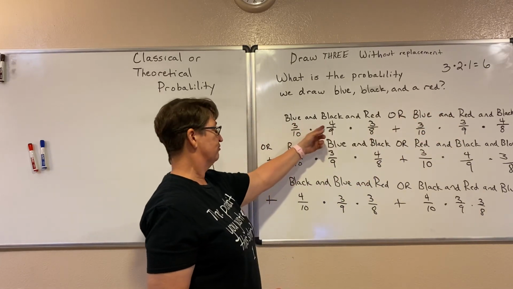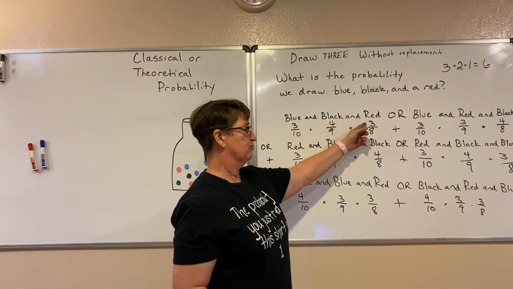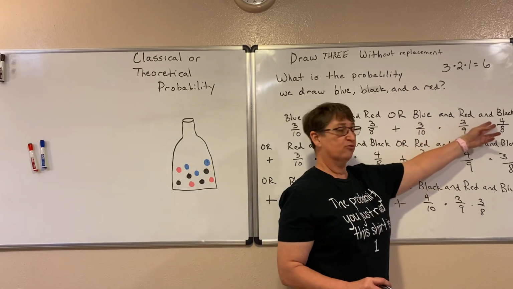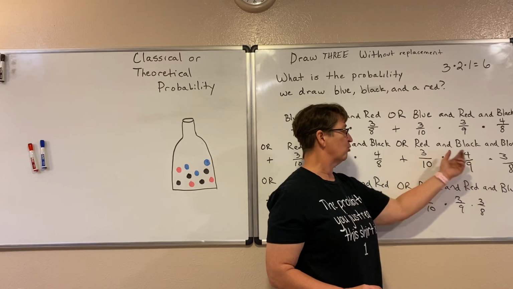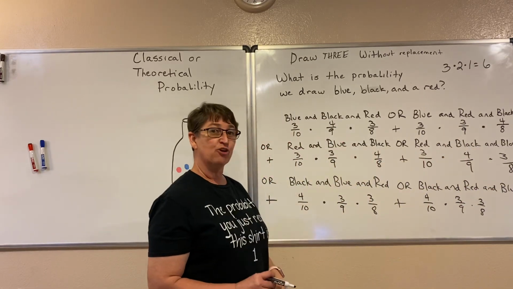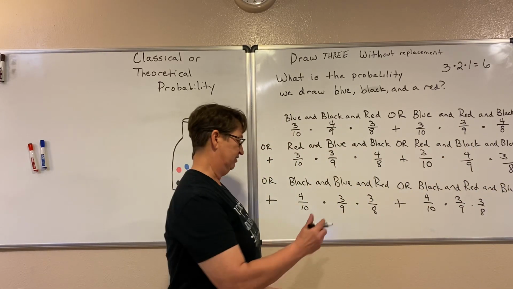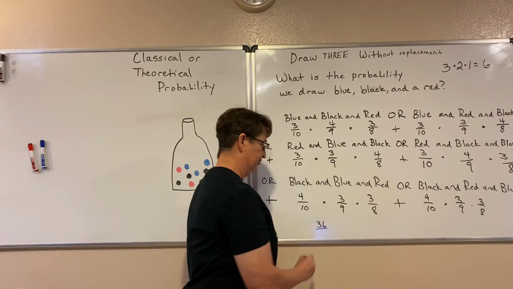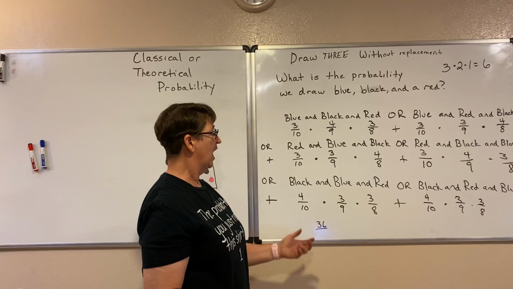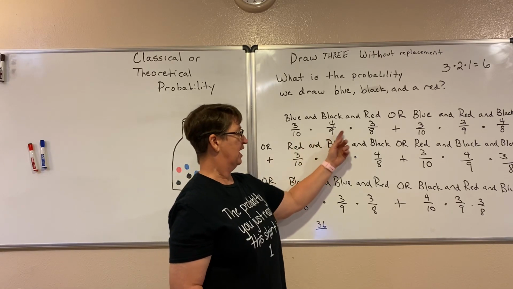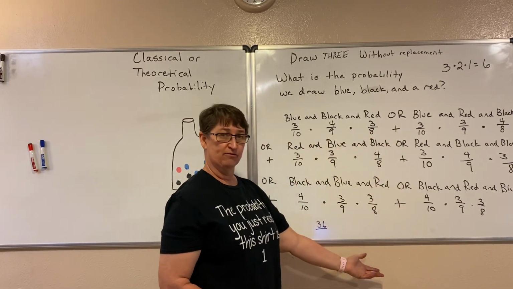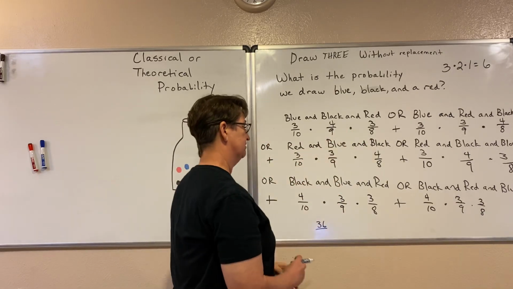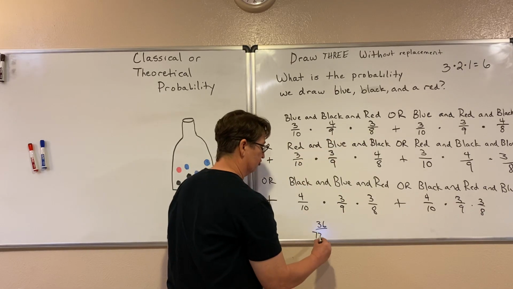So, 3 times 4 is 12, times 3 is 36. 3 times 3 is 9, times 4 is also 36. No matter what order they're in, that top part is going to be 36. So all of them have a top part of 36. On bottom, there's 10 times 9 times 8 on every single one of them. So 10 times 9 times 8 is 90, times 8 is 720.